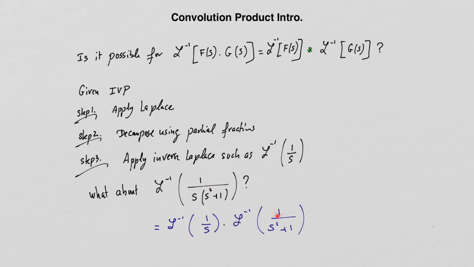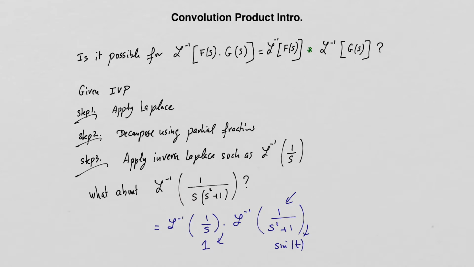This is completely false, okay? It's because you're familiar with inverse Laplace of 1 over s, and you say, well, I know the answer to that one. That one is 1. And this is also a famous expression that should give me sine of t, right? And of course, each of these is true, but the product claim is not true.